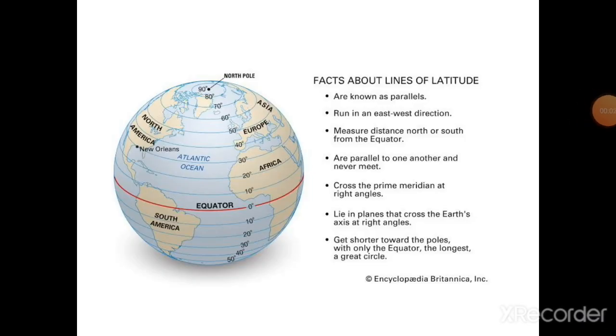To make things more clear, you can now see the pictures, students. This is a picture showing us the latitudes. The longest latitude I have told you is the equator, and now here are a few facts related to it.